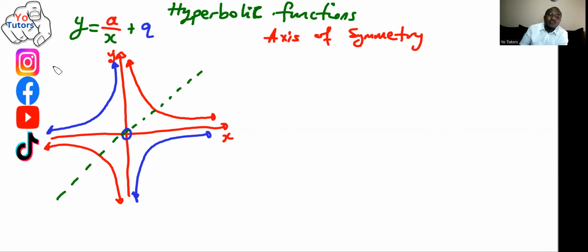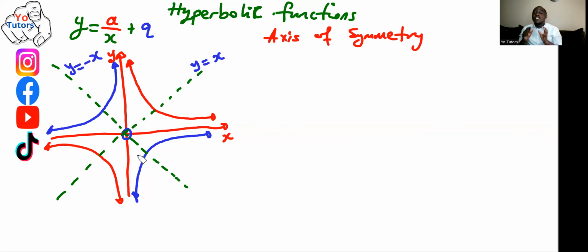So it cuts your graph. Whether a is negative or positive, the positive gradient one is going to be y equal to x, and this one here is going to be y equals -x. So we've got only these two axes of symmetry.